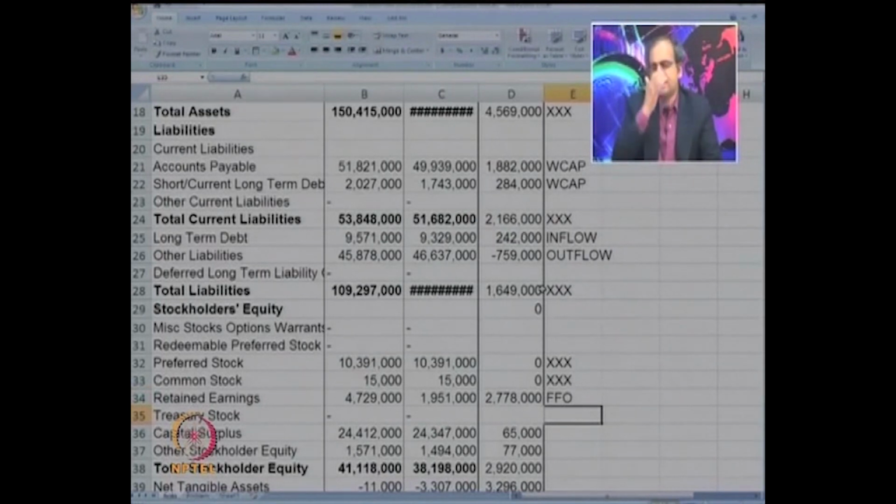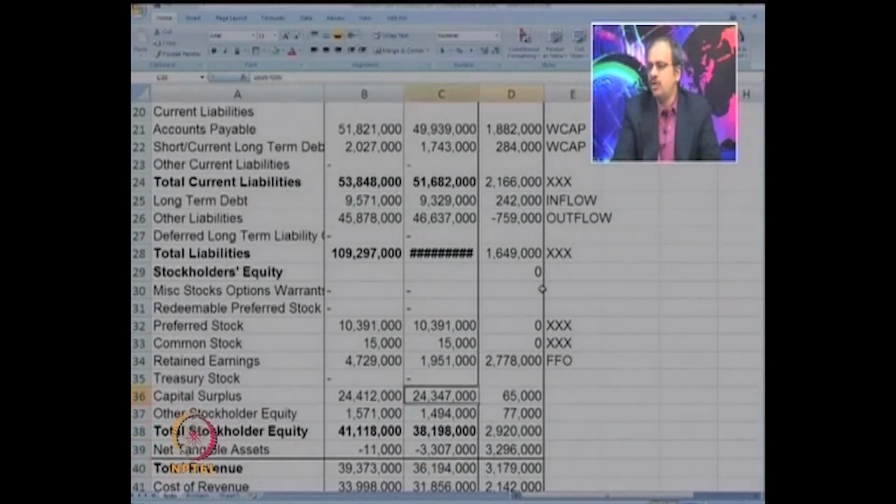Next you can see is capital surplus. Now you will note that the capital surplus has increased. Now we are not given exactly the reason why capital surplus has increased. It could be because of sale of assets and the profit earned, or it could be because of shares issued at premium. In this case you can see that there is no issue of shares.